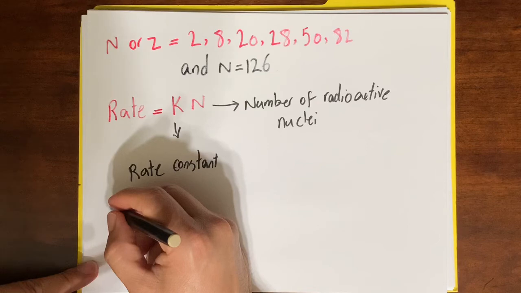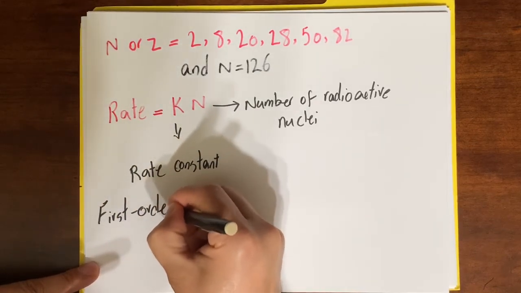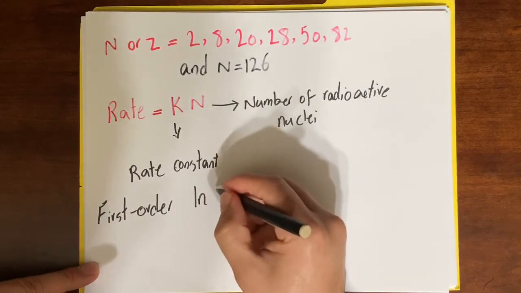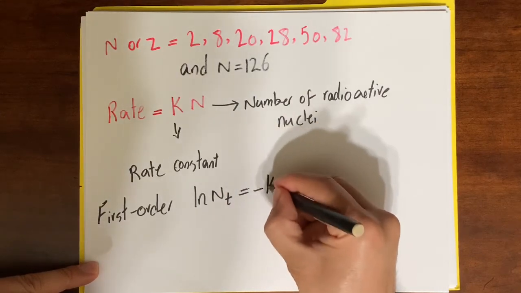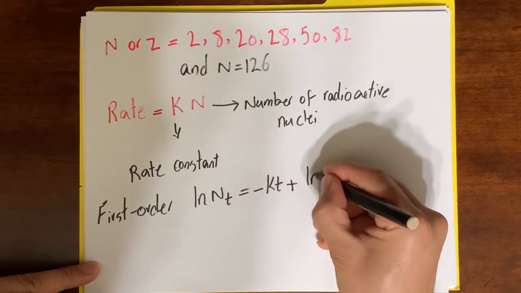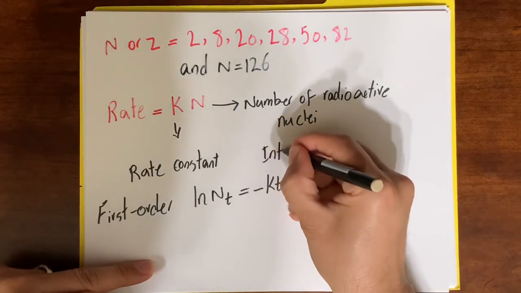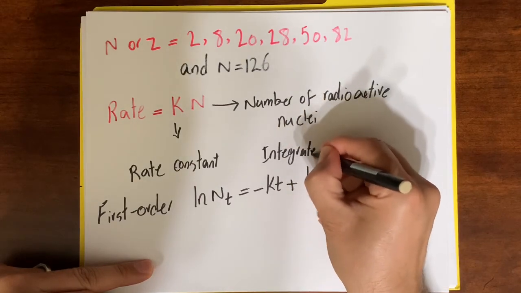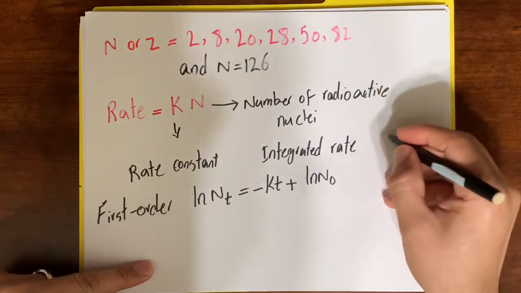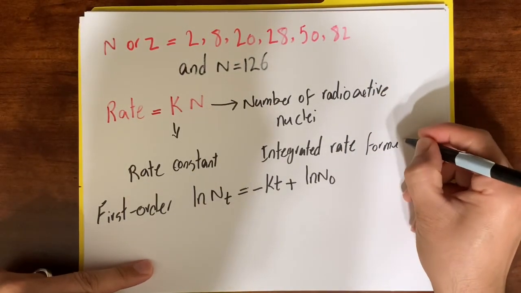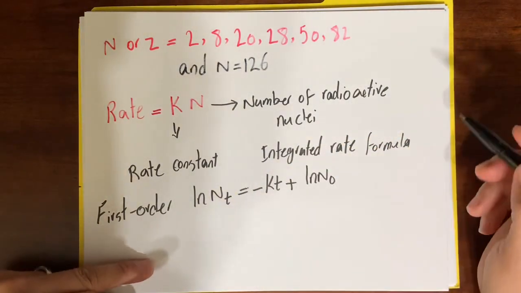And the formula for first order is going to be ln of NT equal to minus KT plus ln of N0. This is the integrated rate formula for first order reaction.